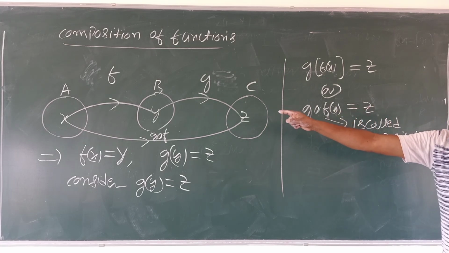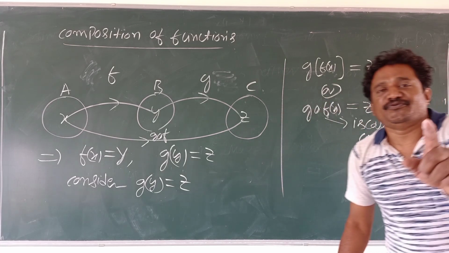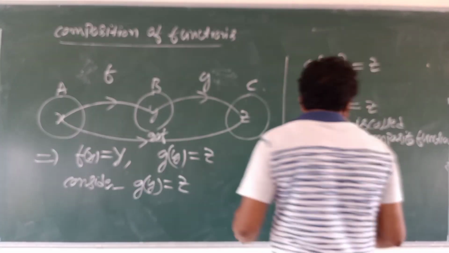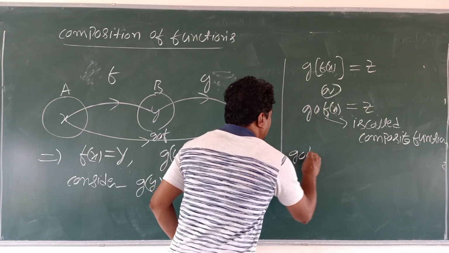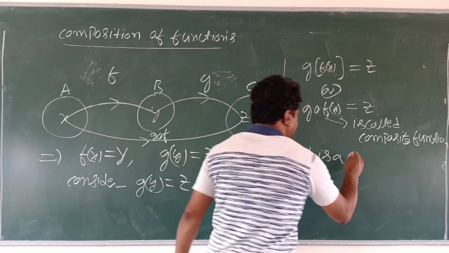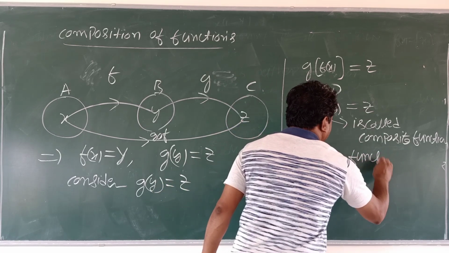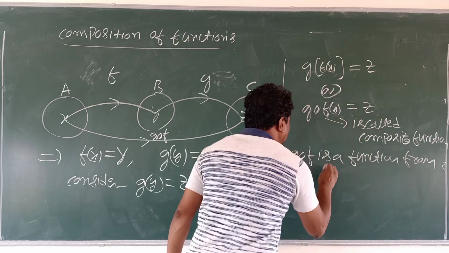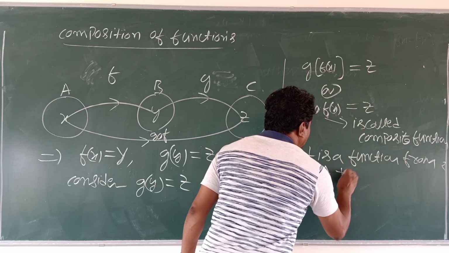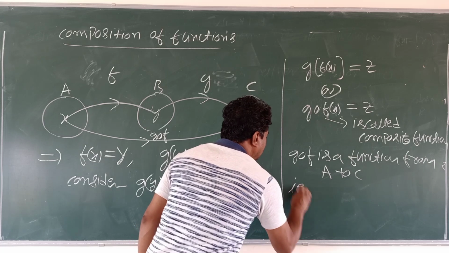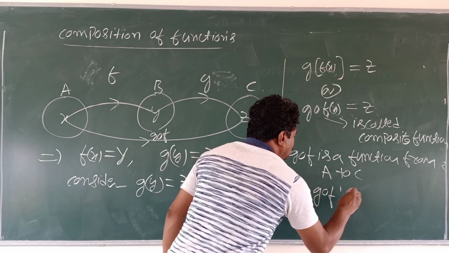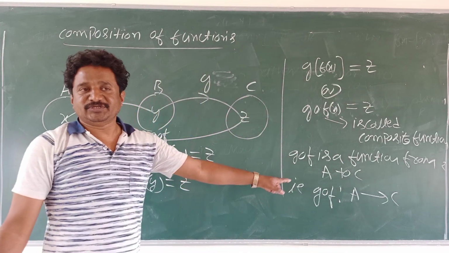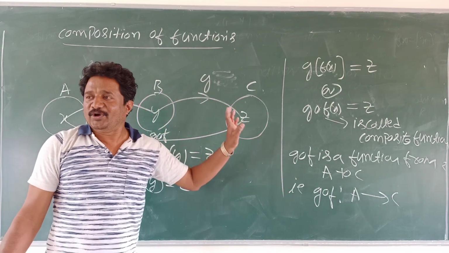Set C. What does it mean? g o f is a function from A to C. Remember that. I hope you understood, friends.